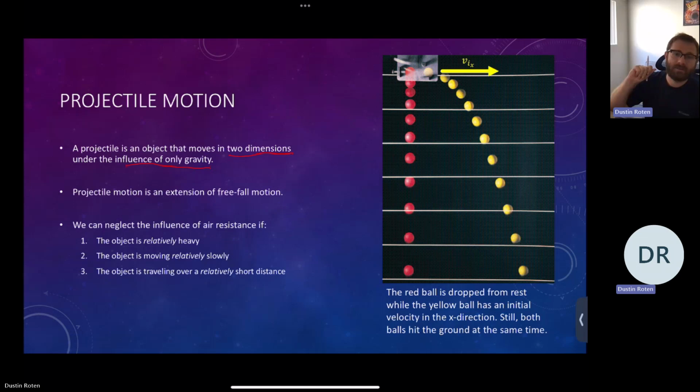The object also needs to be traveling over a relatively short distance. Notice all of these have the word relative in them, so this very much is a judgment call, more or less. You get an intuition of when you need to include air resistance and when you don't.